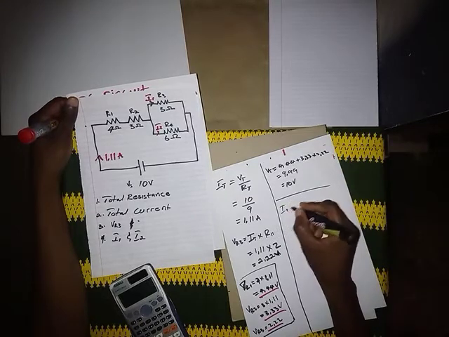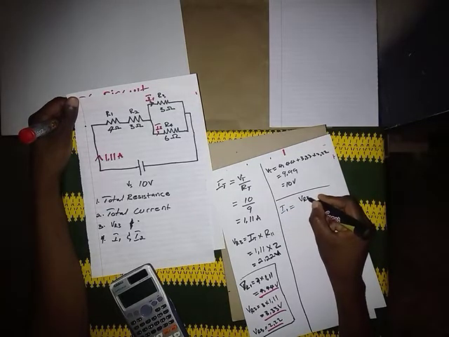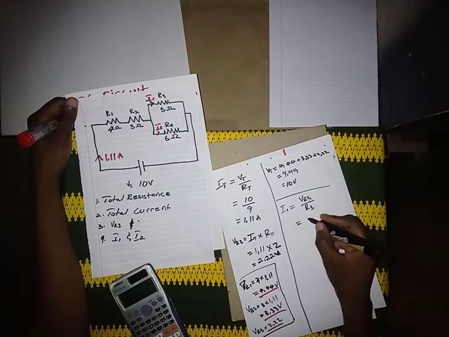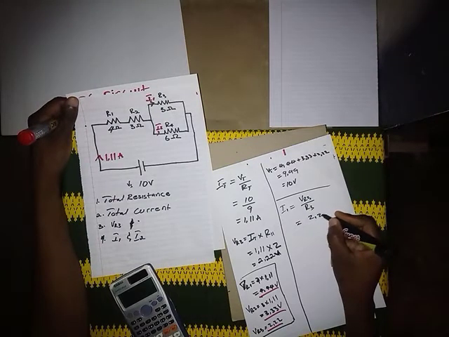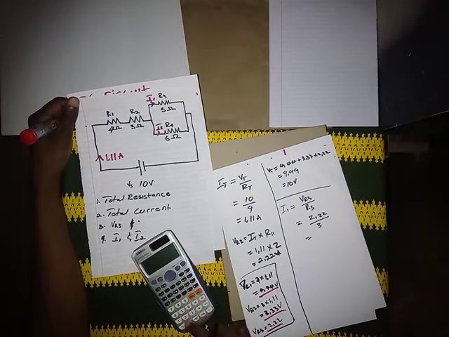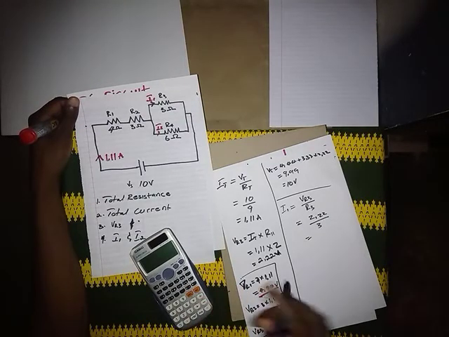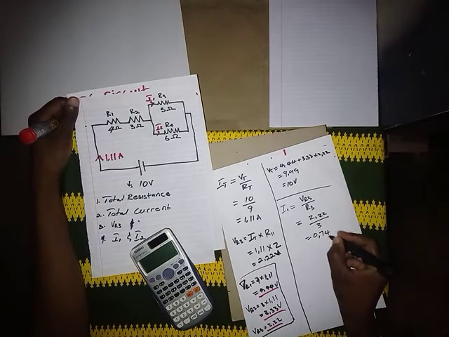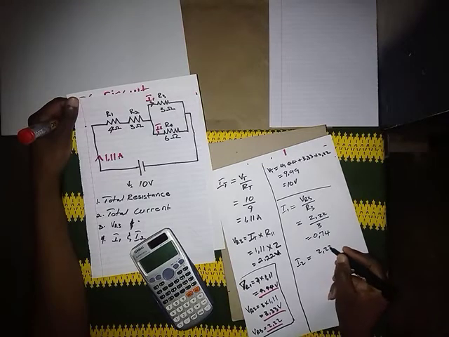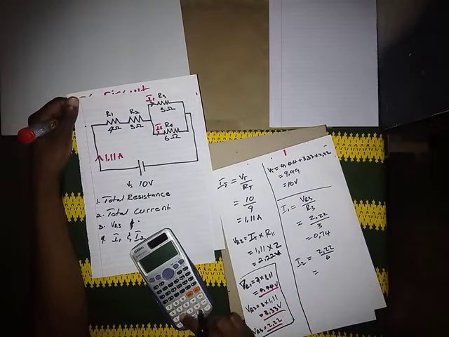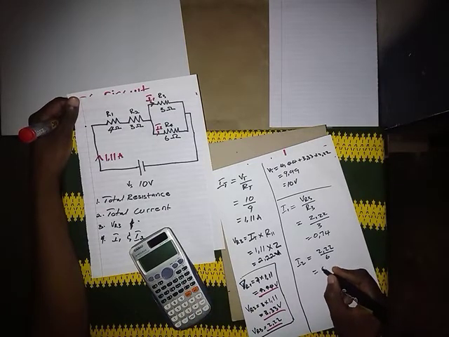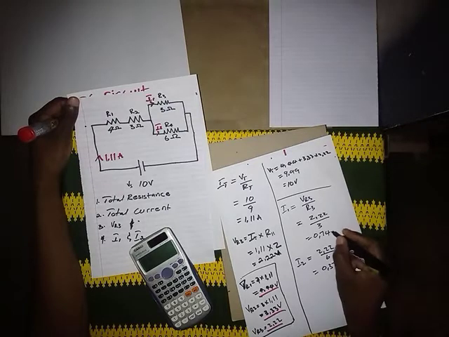So your I1 is going to be VR3 over R3, which is 2.22 over 3, which is 0.74, and I2 is equal to 2.22 over 6, which gives us 0.37 amps.